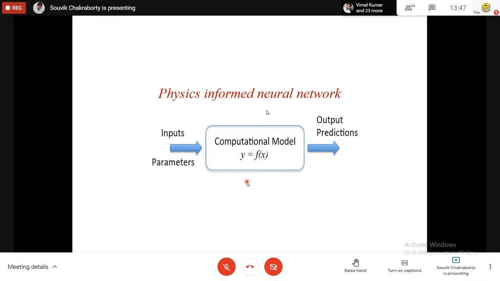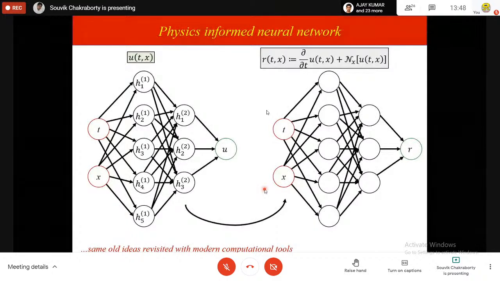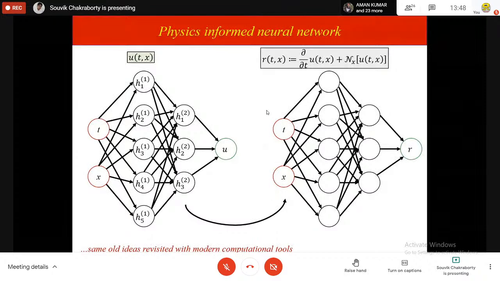Anyways, whatever way you look into it, that will bring us to the concept of what is known as physics-informed neural network. Now, let me tell you upfront that this is not a method that we developed. The concept was already there, and if my knowledge is complete, this was actually proposed in 1992.